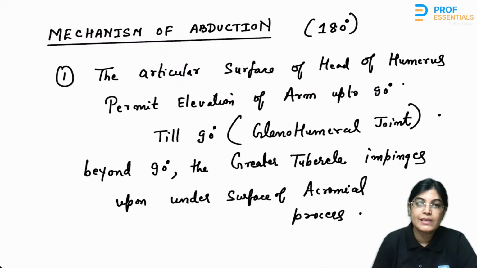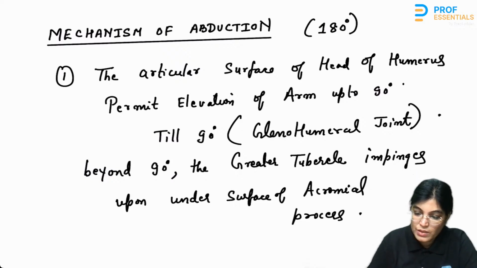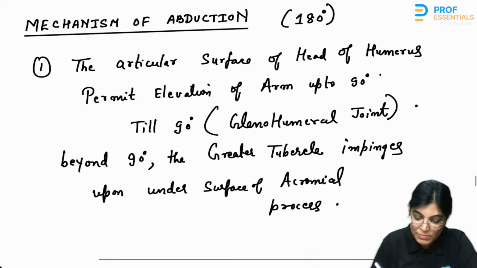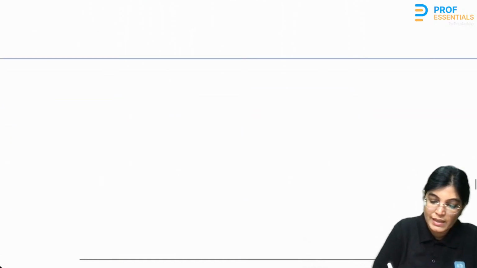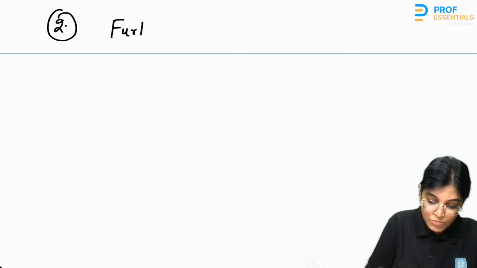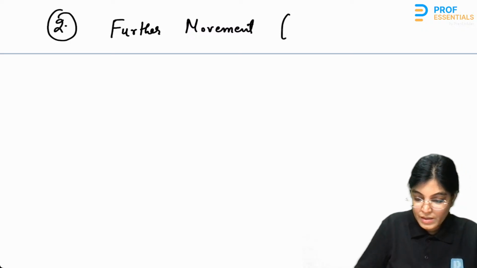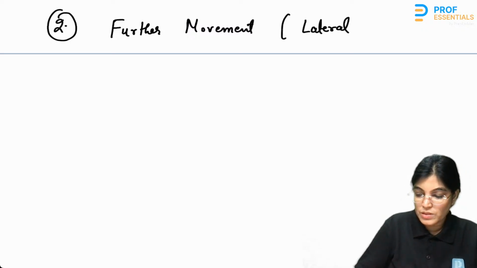So for releasing this, in the second section, for further movement, lateral rotation of the arm occurs.